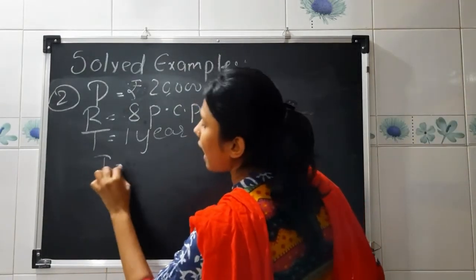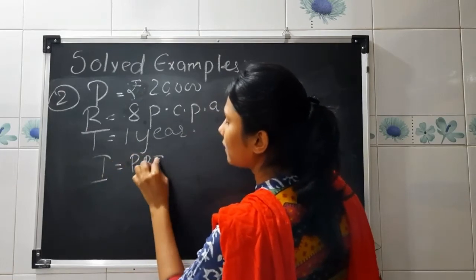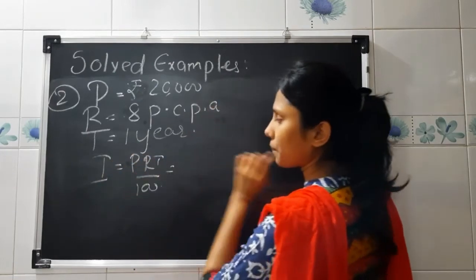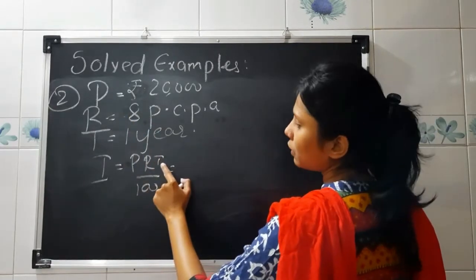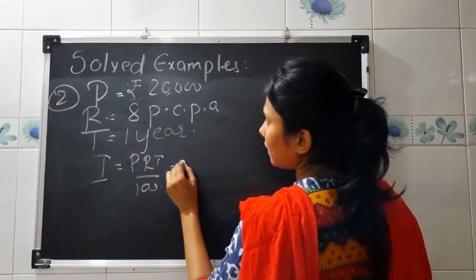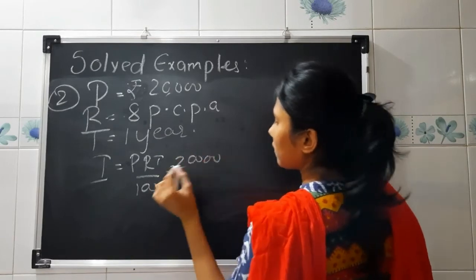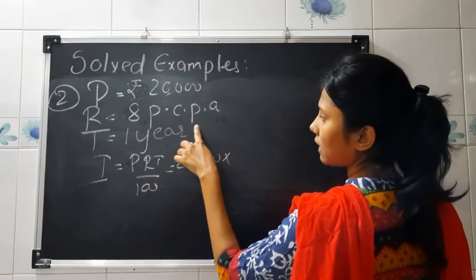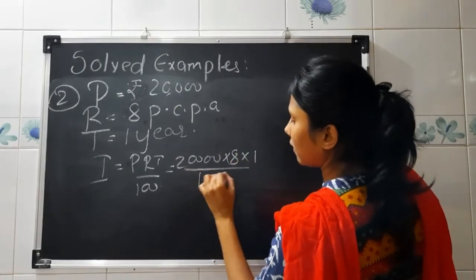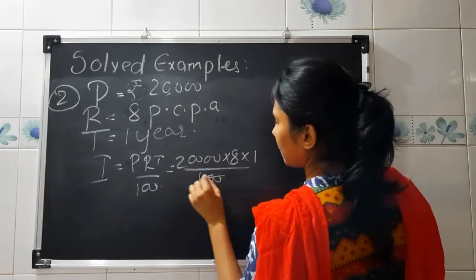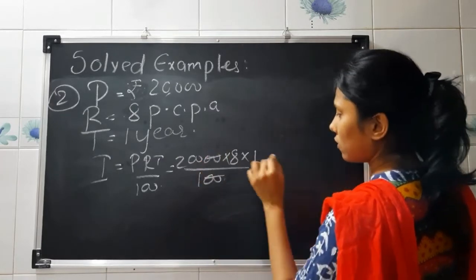So interest I is equal to PRT upon 100, where P is the principal, R is the rate of interest, and T is the time. So P 20,000 multiplied by R, rate of interest 8, multiplied by 1, upon 100. 0 0 gone.